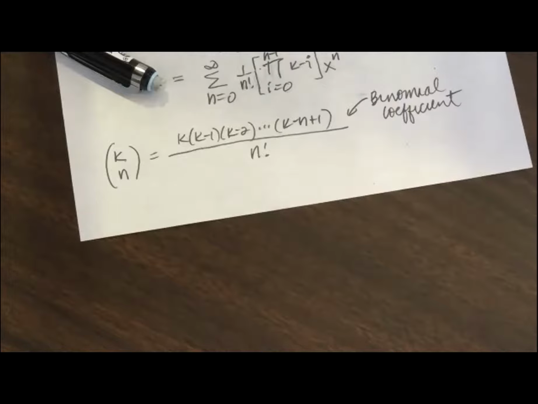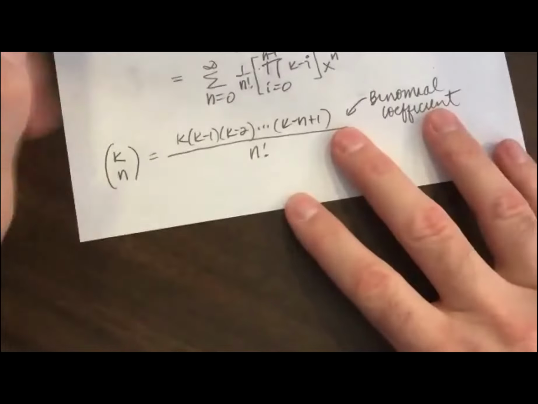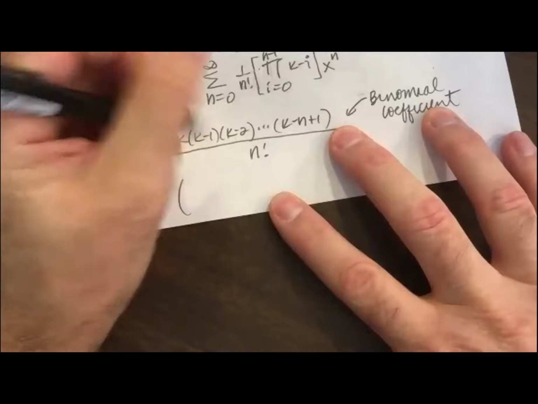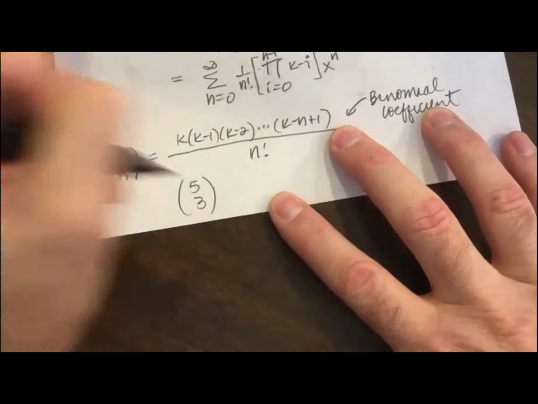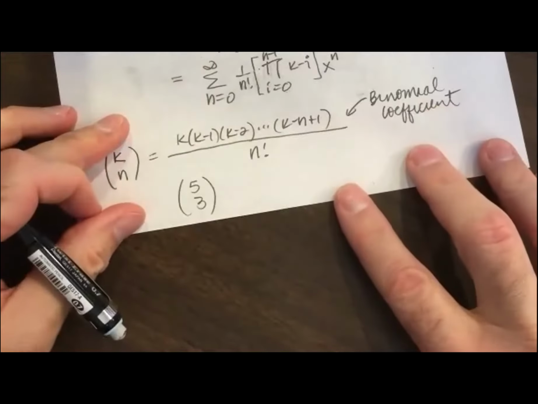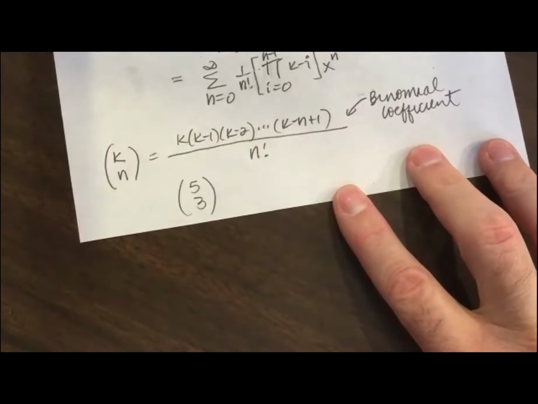When k and n are integer values, and k is bigger than n, then sometimes we remember this as the choose function. So if I write 5 over 3, then what I mean is 5 things taken 3 at a time, or 5 choose 3.